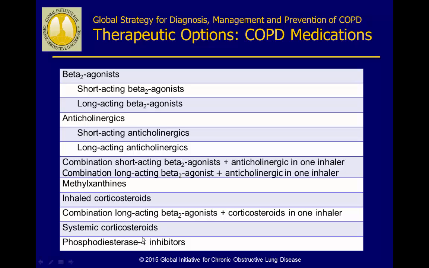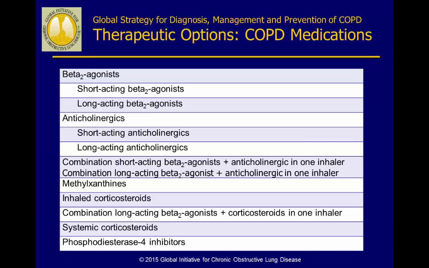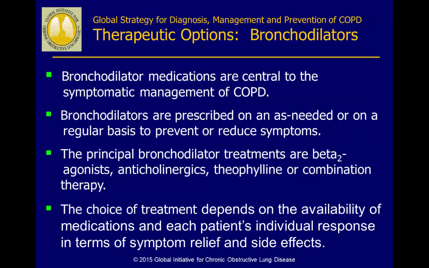Phosphodiesterase 4 inhibitors, those are your medications for pulmonary hypertension. Okay, so you could use Revatio, for example, is one. So bronchodilator therapies are central for symptomatic management of COPD. And remember, there is your beta 2 agonist, which is the SABA, and the anticholinergics.